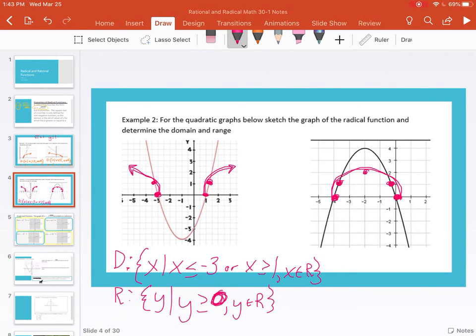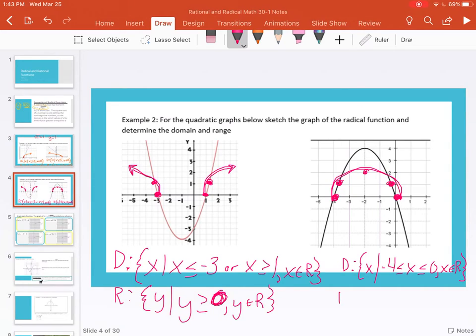So then my domain for this graph would be for all x values, x is greater than or equal to -4 and less than or equal to 0, where x is an element of all real numbers.